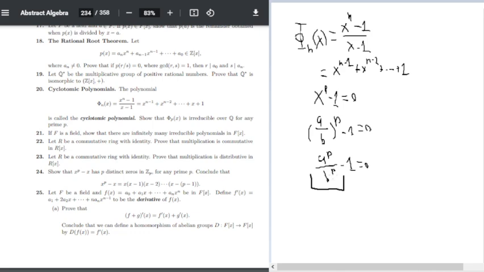So what you want to show is that this is not an integer if a over b is not in Z. Prime factor solutions. There'll be some prime in the denominator that's not in the numerator.